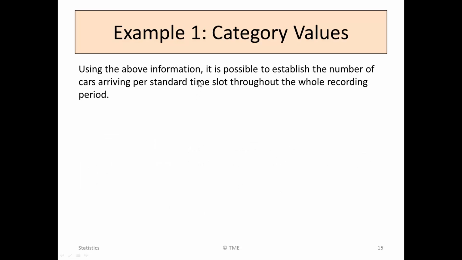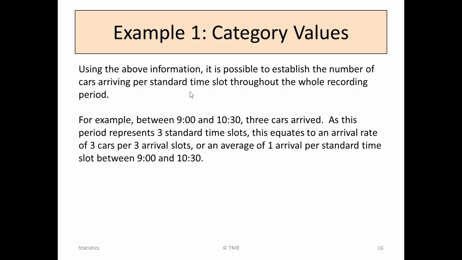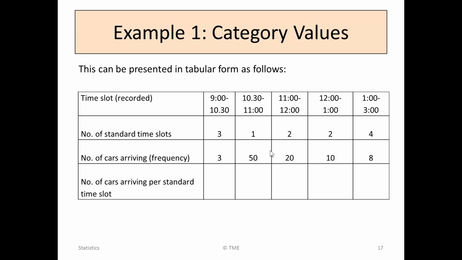We're now going to use the information to establish the number of cars arriving per standard time slot. For example, between 9 and 10:30, 3 cars arrived. Now, as there are 3 standard time slots between 9 and 10:30, that equates with 1 arrival per standard time slot during those times.